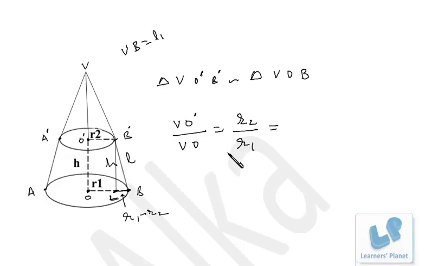So for this triangle, this length will be total length minus this length, right? Now BB dash is L, that is the slant height of this frustum. So this length will be L1 minus L, and the total length is L1, right? So the sides are in proportion.